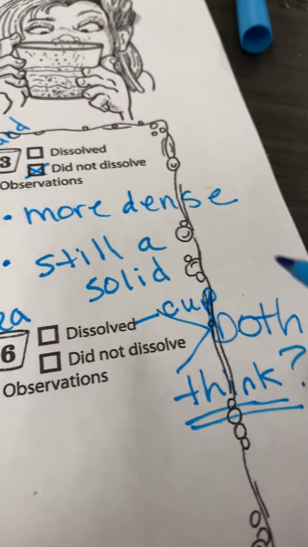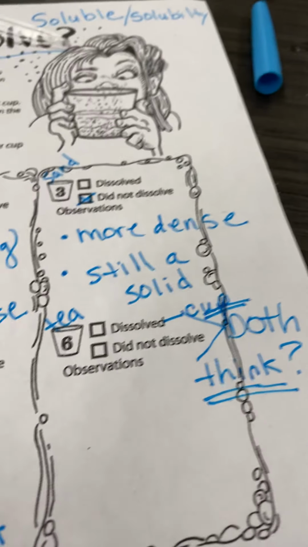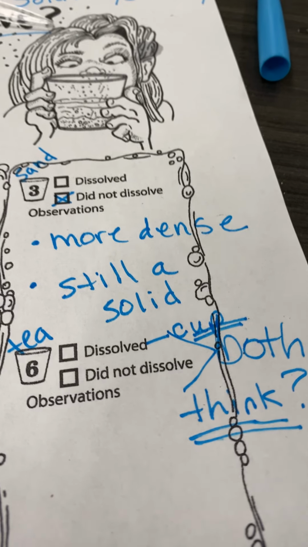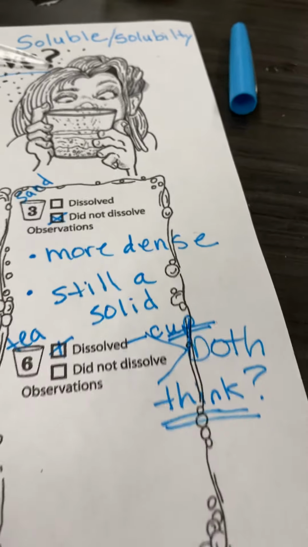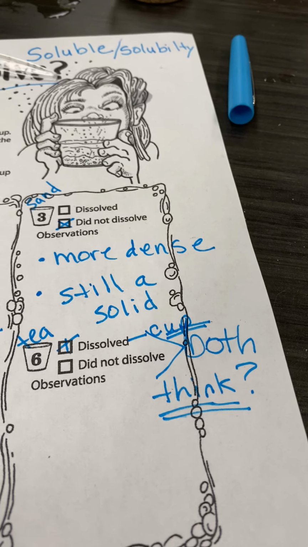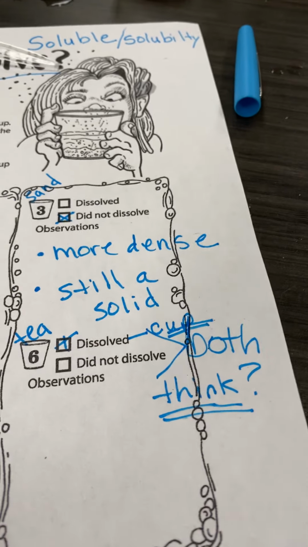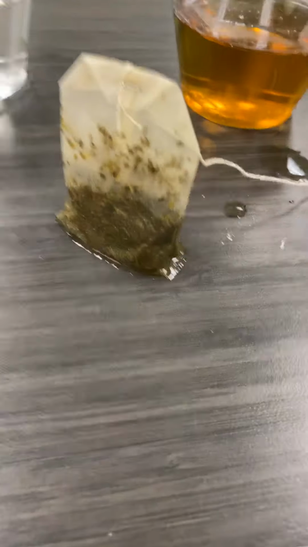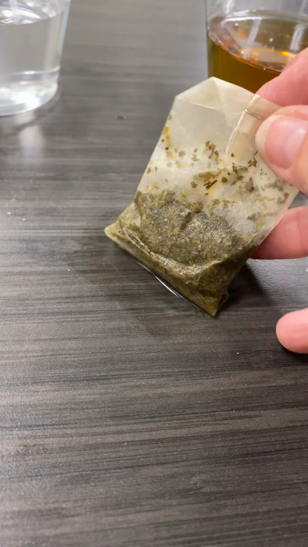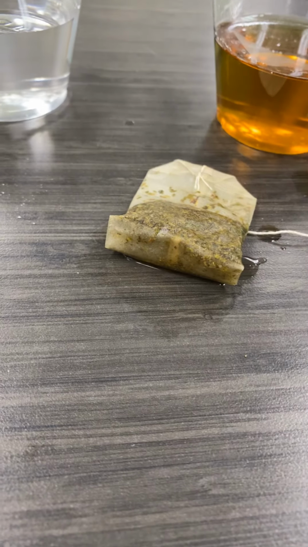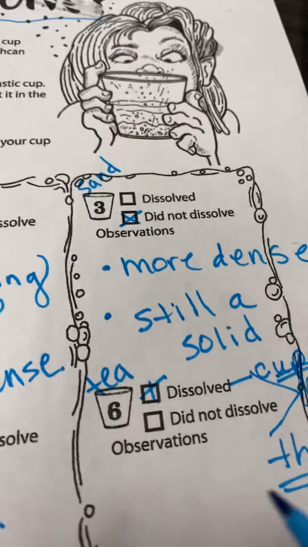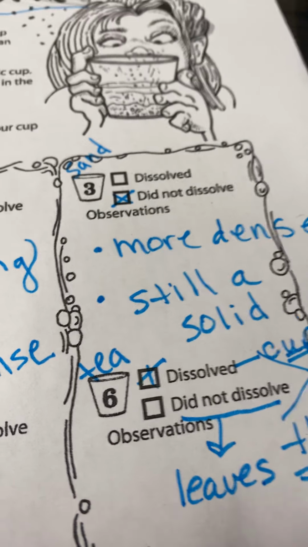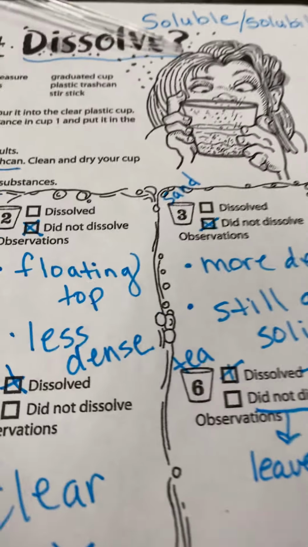If they're asking you what's in the cup after the tea is made, and you can tell by looking at it that it is evenly mixed, then yes, it would be dissolved. Because when I drink tea that's already been made, it's evenly mixed, it is dissolved. If they ask you about those tea leaves, the leaves are not going to dissolve. So if they're asking about the leaves, that's how we make tea, the leaves will not dissolve.